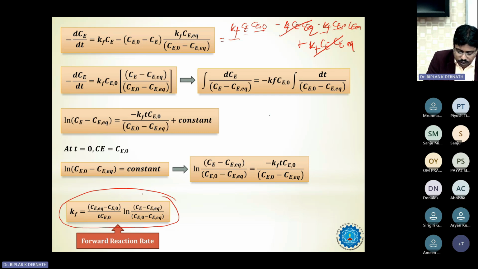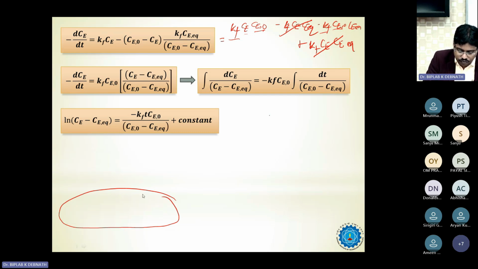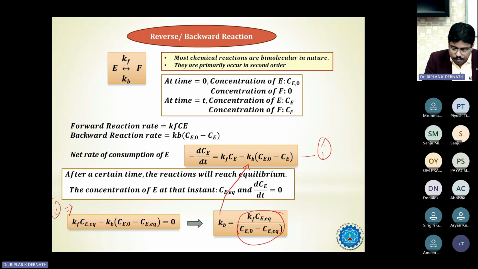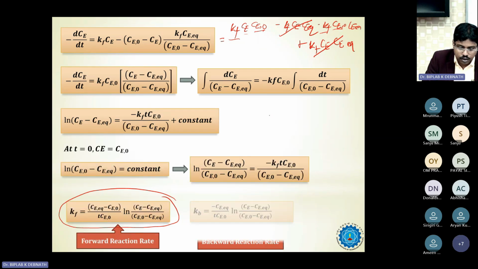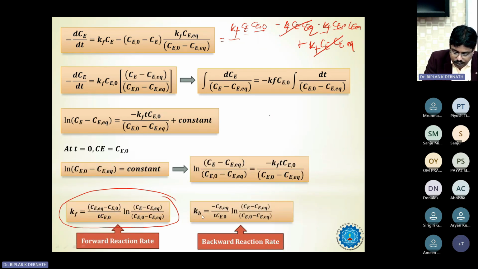Now putting this value of Kf in this forward and backward reaction rate relation, we find out the backward reaction rate. So the backward reaction rate Kb is equal to minus C equilibrium divided by t C naught ln of C minus C equilibrium divided by C naught minus C equilibrium.